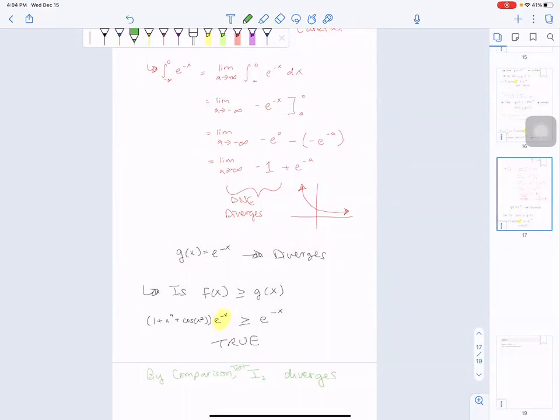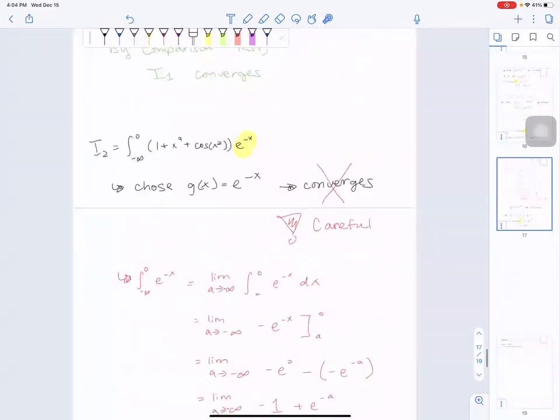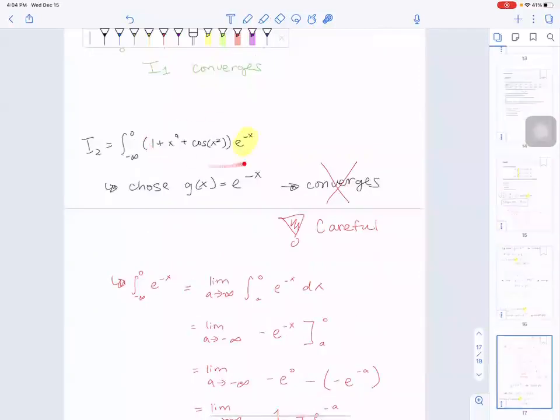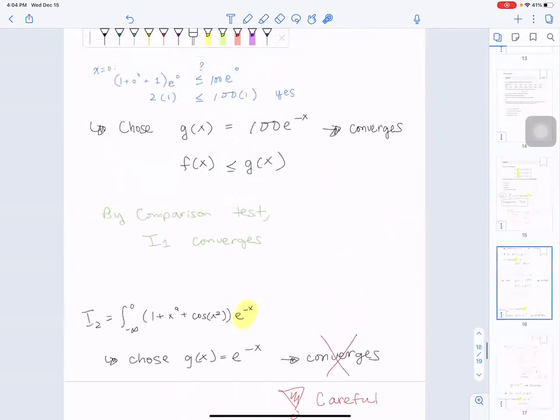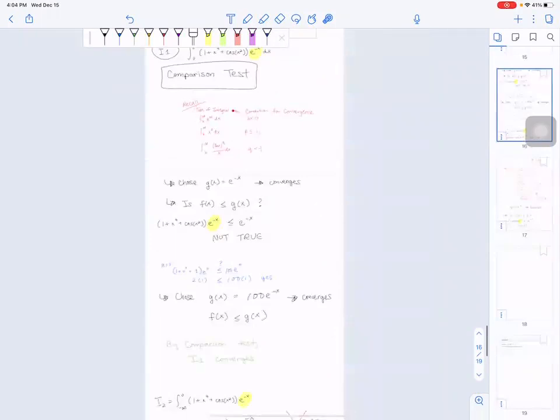How do you know that you're picking the right g of x? So g of x should be something that looks familiar in here, and it should be something that you can find whether it converges or diverges. So usually if you see an e to the something, you should pick that, because we know all the converging rules that we recalled.